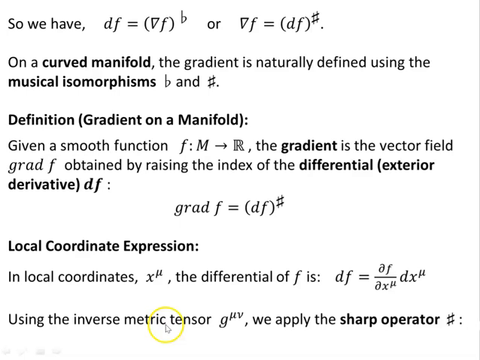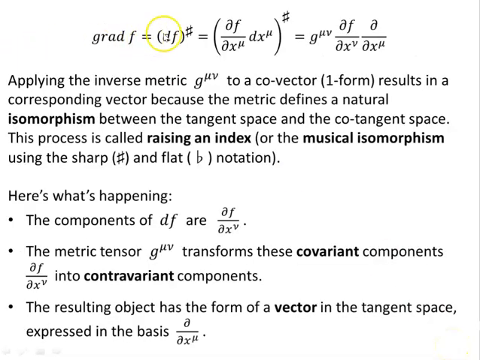Using the inverse metric tensor g^μν, we apply the sharp operator. grad f is df sharp, which can be expressed in component form as the inverse metric tensor multiplied by partial f on partial x^ν, expanded in the tangent basis vectors partial over partial x^μ.